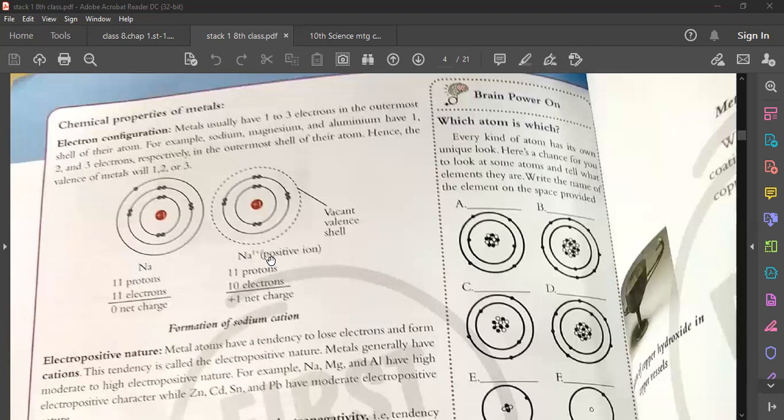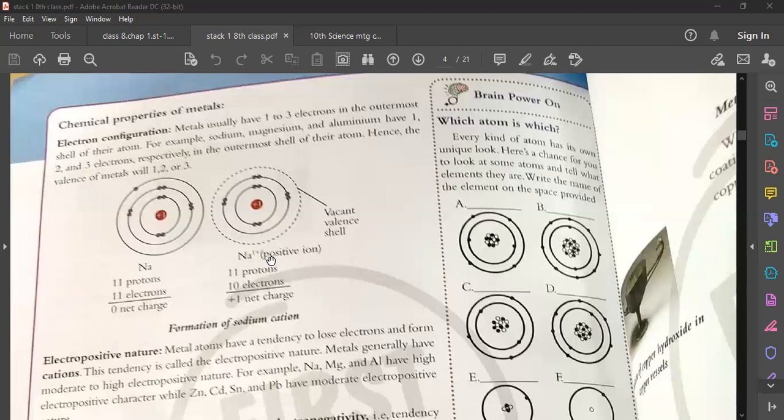If you take any metal, generally metals are electropositive in nature, right? Metals form cations. That means they will lose electrons. Generally, metals lose electrons to get the octet configuration in the outermost shell.